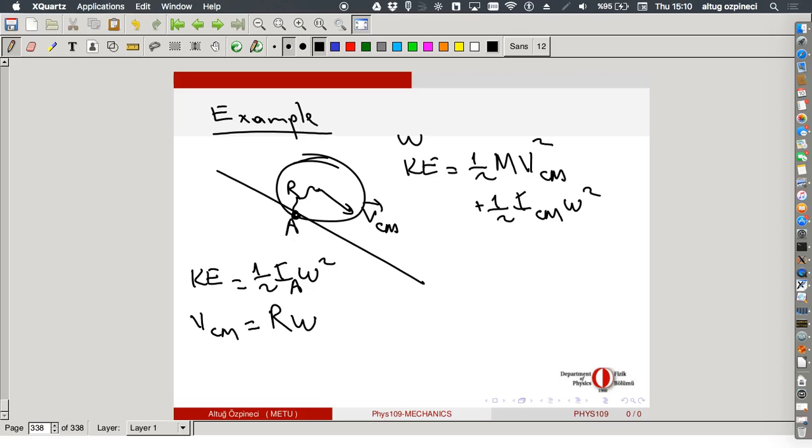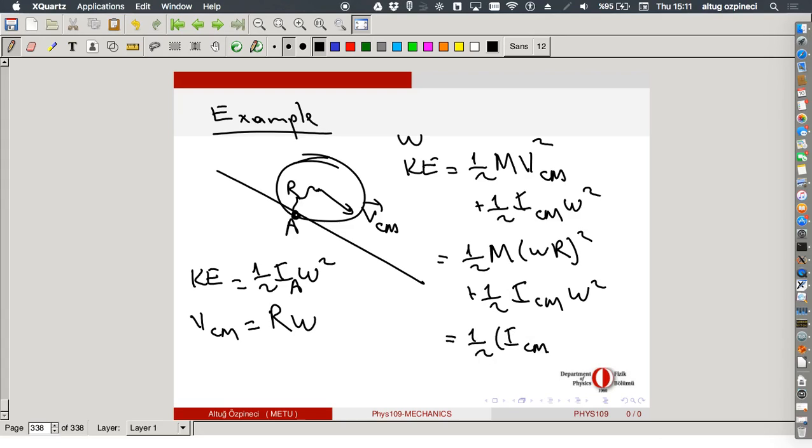If we just substitute it in the above expression, this is equal to 1/2 m omega squared r squared plus 1/2 I center of mass times omega squared. This is equal to 1/2 (I center of mass plus m r squared) times omega squared. And this has to be equal to 1/2 the moment of inertia for rotations around A times omega squared.